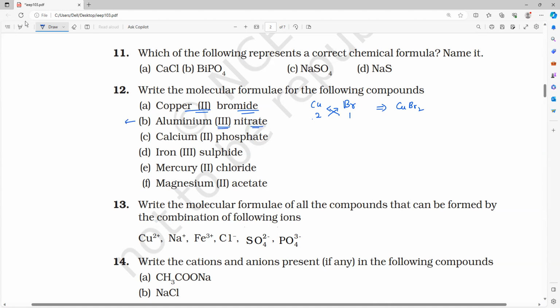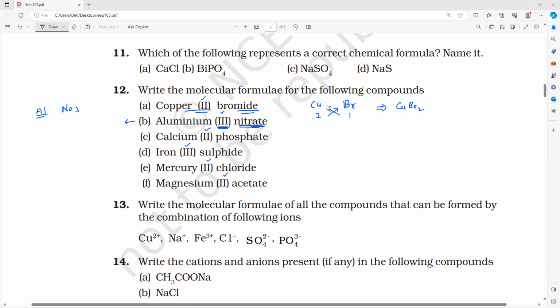Next, aluminium 3 nitrate. What is the symbol for aluminium? Al. Nitrate, can you tell me the symbol? NO3. Please remember everybody, the Roman number indicates the valency of the cation. If they give a Roman number, it is easy for you to identify the valency of a cation.